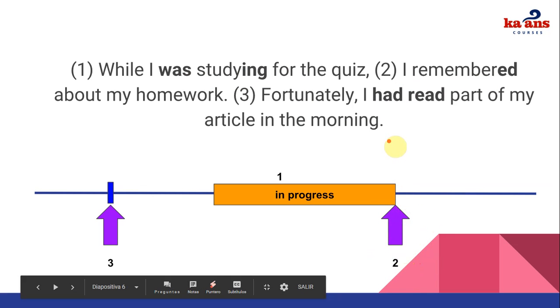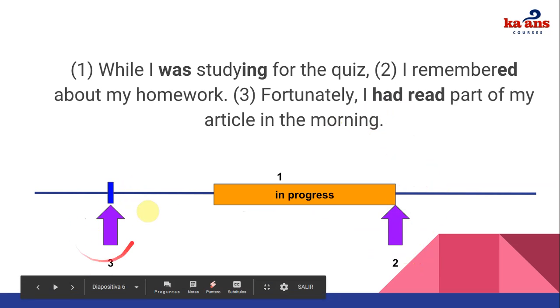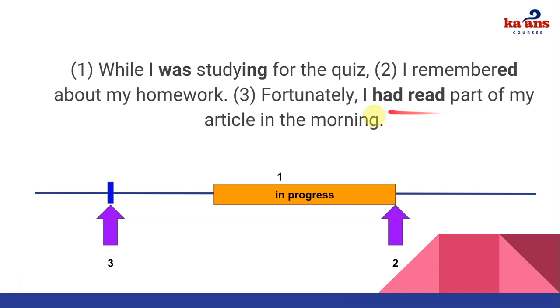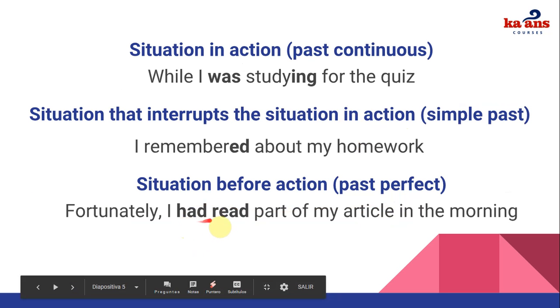And then you say, fortunately, I had read part of my article in the morning. Oh yes, in the morning I started doing my homework. This is the past perfect. Remember that the past perfect has the auxiliary had and the verb in the past participle, read.